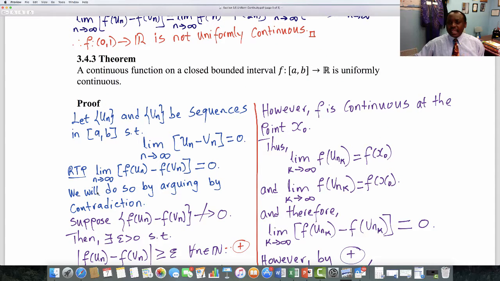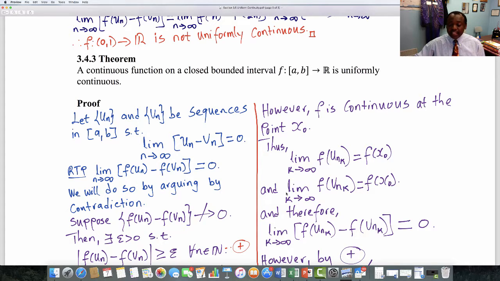Now, we do know that f is continuous on the closed bounded interval [a, b], which means f is continuous at the point x_0, since x_0 is from the closed bounded interval [a, b]. So, f is continuous at the point x_0, and that means the limit as k approaches infinity of f(u_{n_k}) equals f(x_0).